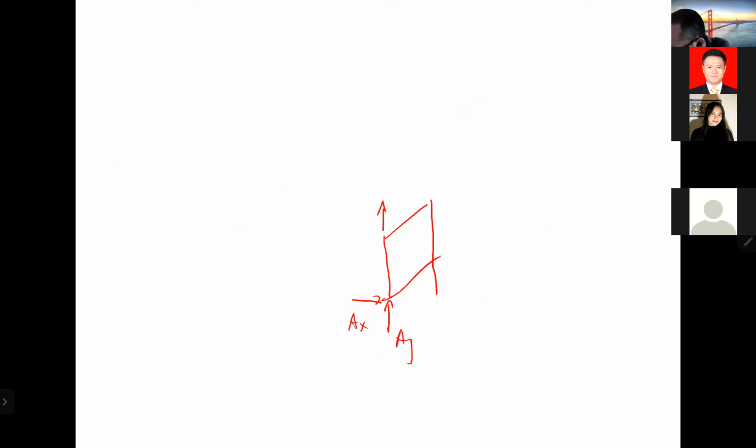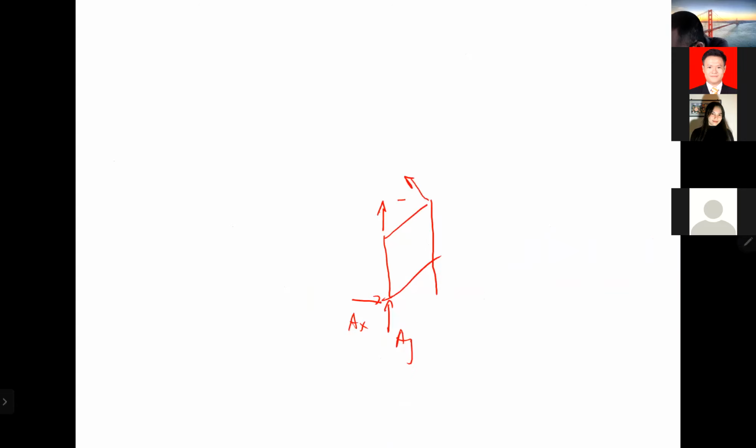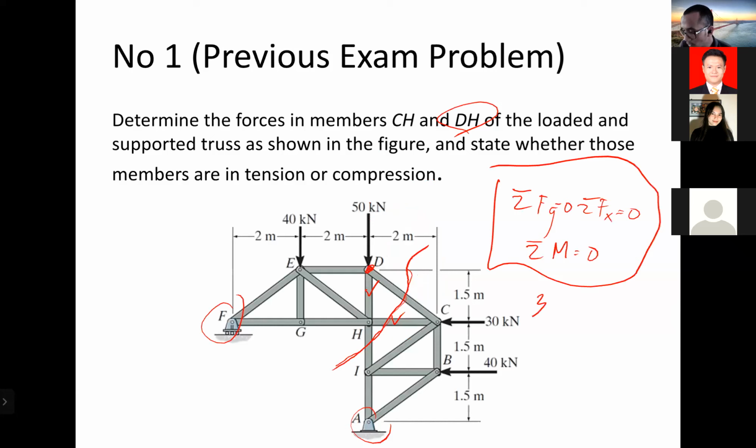CH, and I. From this free body diagram, you find these three, right? Yes. Then after you find those three, then you can go for the joint.